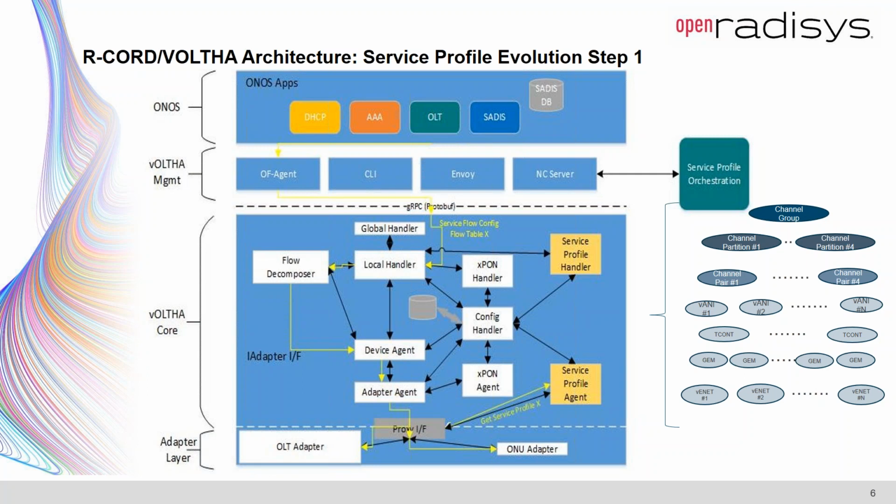Well, there's two steps here. So the first step is you don't bypass export handlers. It does the same thing as it normally does, right? So basically, it creates the channel groups, partitions, pairs, ANIs, TCONs, gem ports, VENets, etc. Everything that it currently does, right? And that information is passed down to the adapters, and that actually ties the flows together, right?